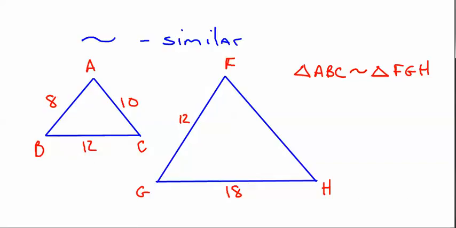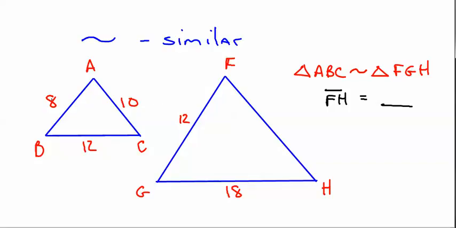But here's how similar triangles and the rules from proportions work. If you got the triangle on the left and you know that its sides are 8, 10, and 12, and you're given the triangle on the right, and you're asked to find segment FH. Segment FH equals blank. Well, you can set up a proportion.